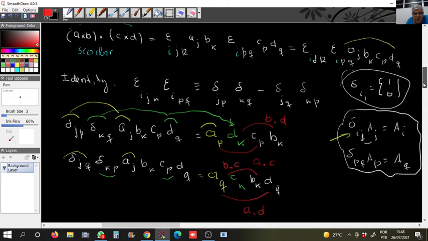I got the proof. You see? A cross B, and this is C cross D. Now this is the first term over here.